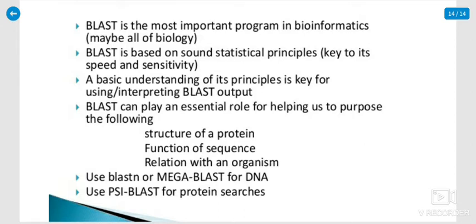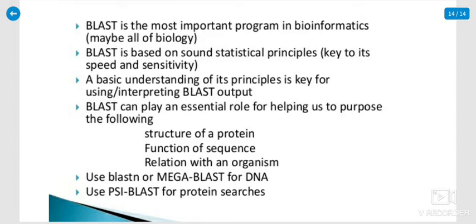BLAST is based on sound statistical principles, and an understanding of its principles is key for interpreting BLAST output.